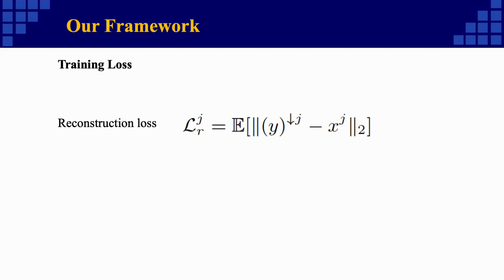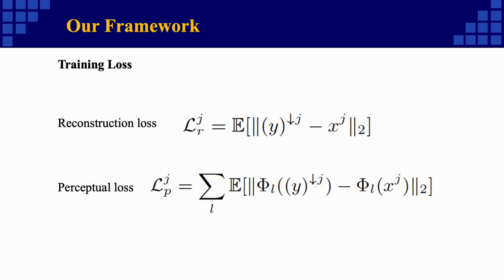Given the generated image output at the j scale, we propose several losses to train our generator. First, for a training image Y with its paired scene graph, we use the ground truth groups and bounding box for each object, and then the generated output should reconstruct the input.